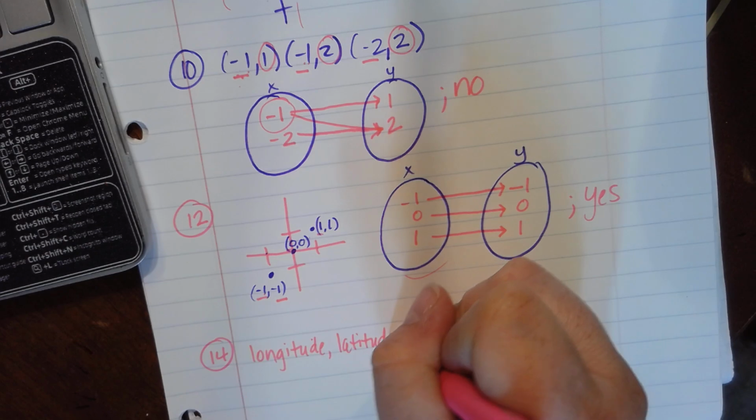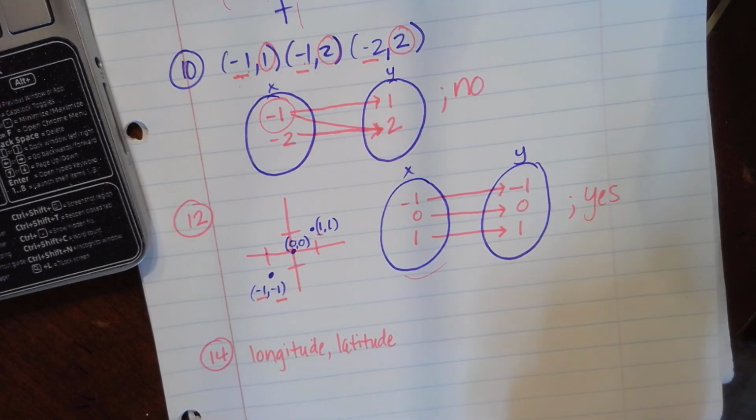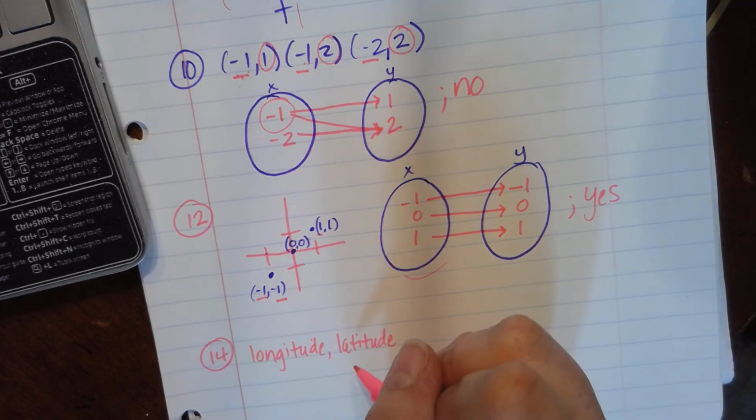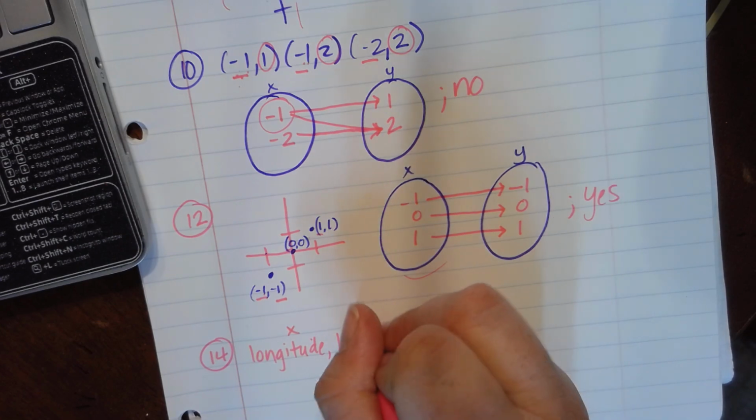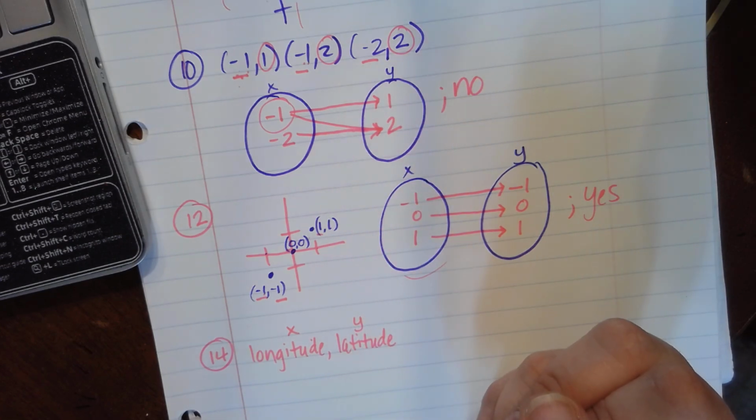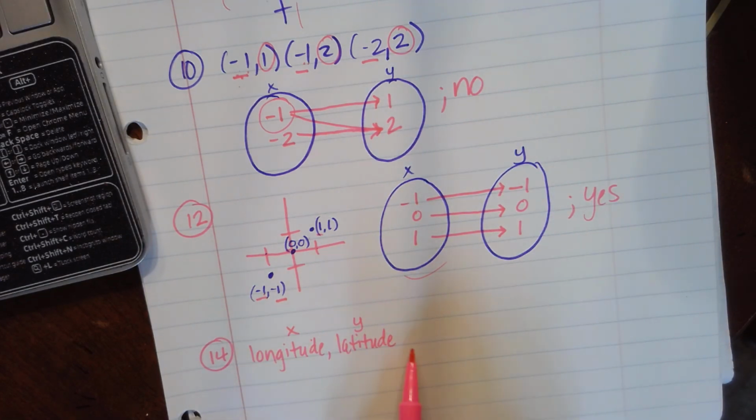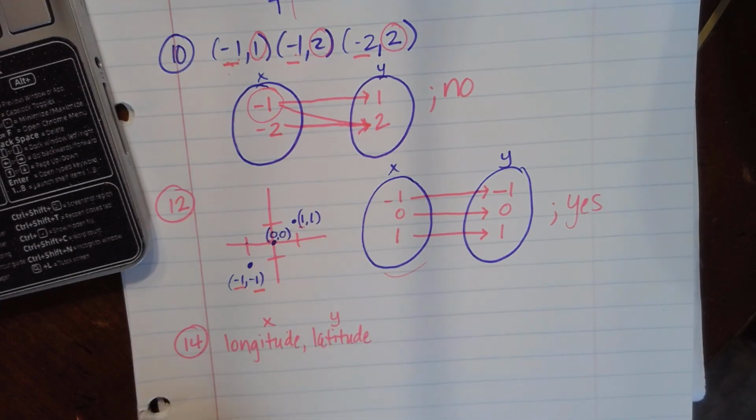Okay, so it looks kind of like this, right? And what you need to know about this is that longitude is your X and latitude is your Y, okay? The longitude goes across the map and the latitude goes up and down the map. So again, X-axis, Y-axis.